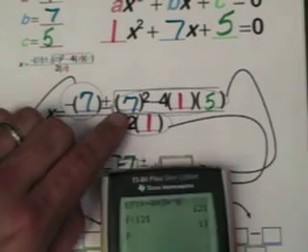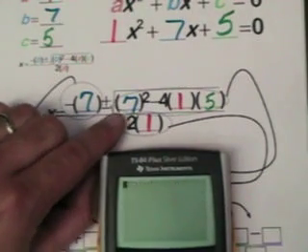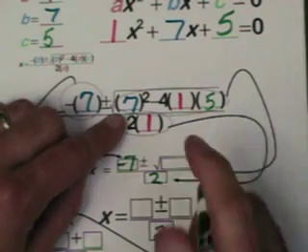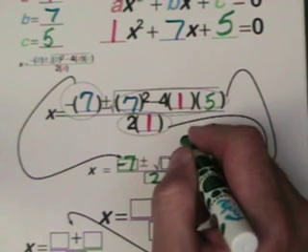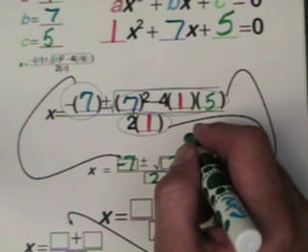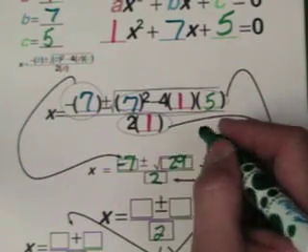And then let's do this part under here real quick. 7 squared minus 4 times 1 times 5. Check it real quick. Good. That's 29. Okay.